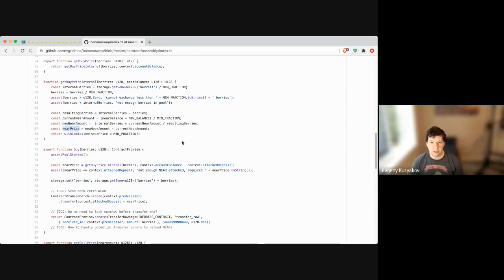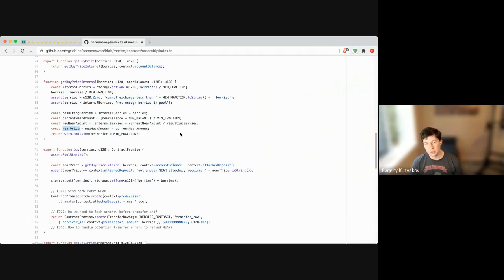Then we calculate how many near you need to attach. Because this number is positive and this number will be higher, because this number is less than internal berries, this one is also positive.